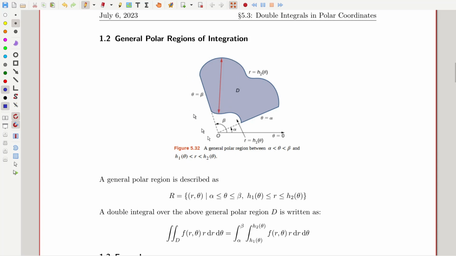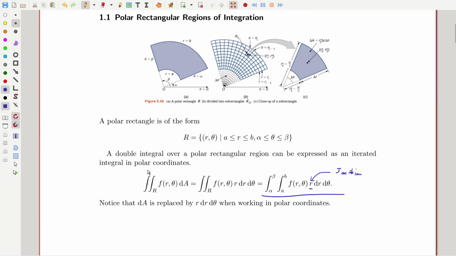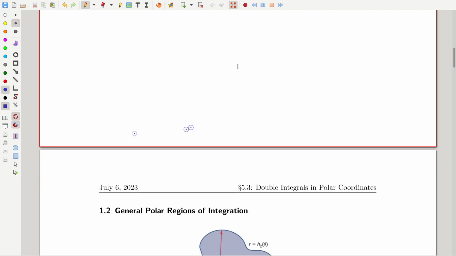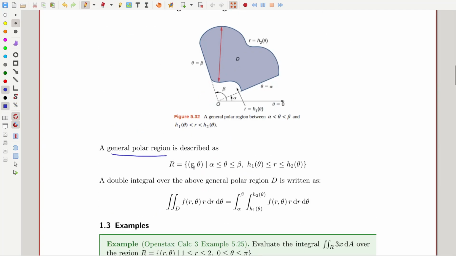So this kind of general polar region, as the book is calling it, is described in this way. The only difference between this and the polar rectangle is that the bounds on r were constant for the polar rectangle, whereas with this, the bounds on r are functions of theta. Okay.